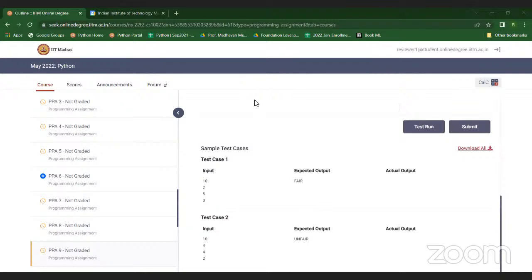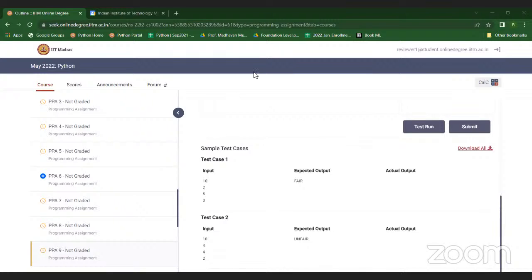Here, if it had been percentage, then 2% plus 5% plus 3% is 10%. So ideally it should have been 100% for this to be fair. Since it is not equal to 100% but is still given as fair, that means it is not percentage.